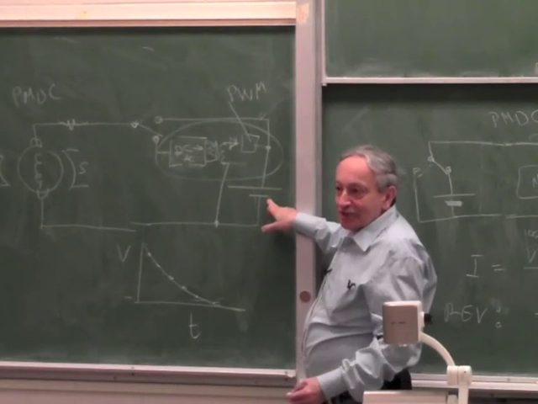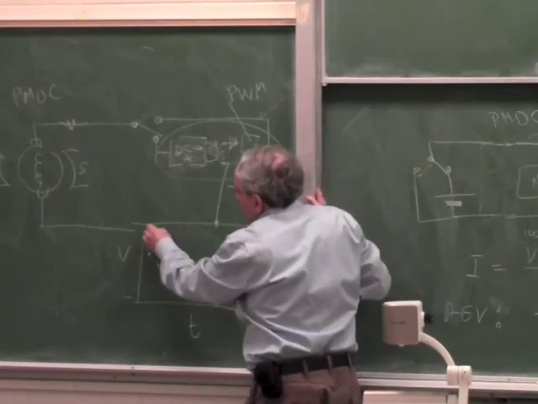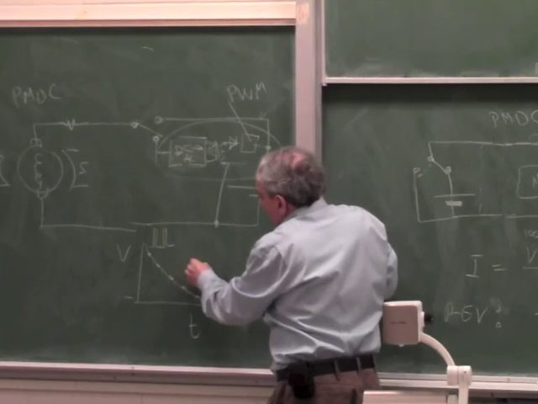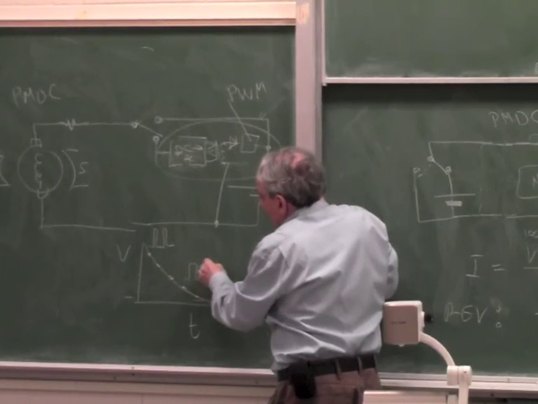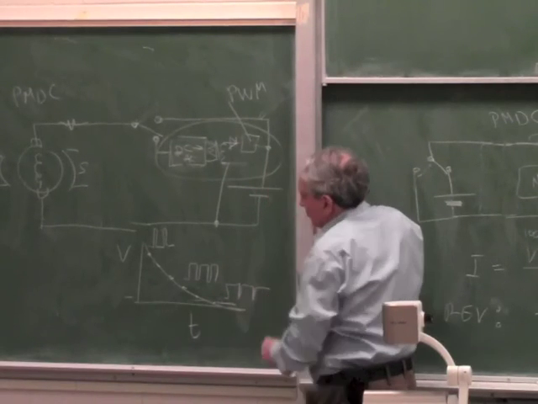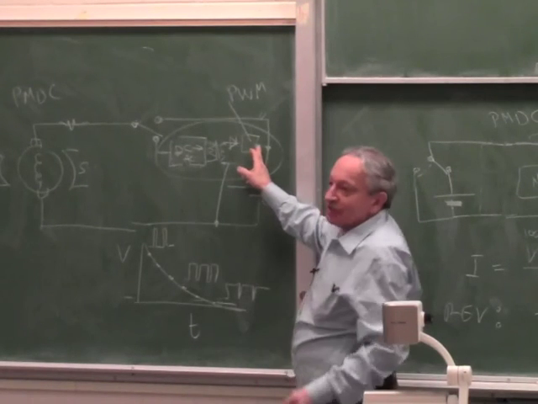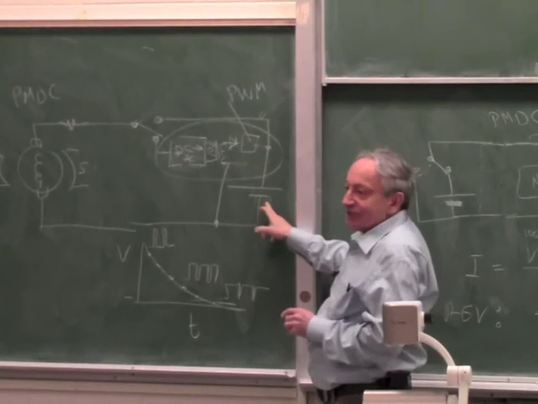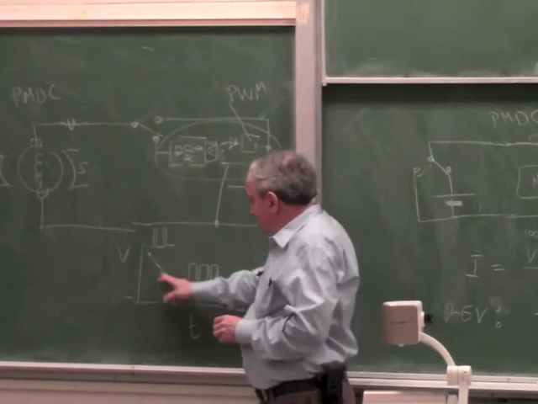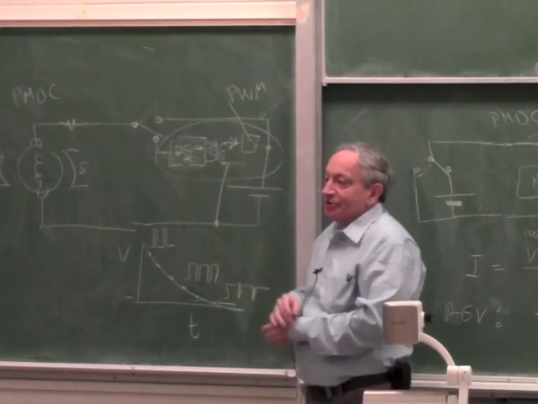Right? Because you want to charge the battery. So at this point, the PWM outputs some very narrow pulses. At this point, it outputs wider pulses. And at this point, it outputs very wide pulses. So the average voltage at the output is always higher than the battery voltage. So all the energy till the motor stops is recovered and put in the battery.